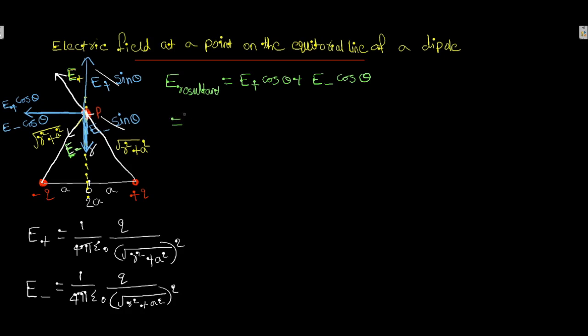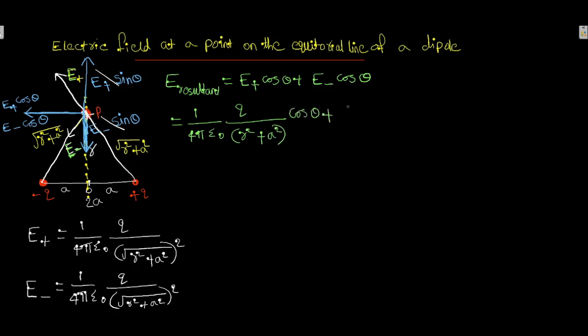E positive is 1 by 4 pi epsilon 0 times q divided by root r square plus a square, the whole squared, which we can write as r square plus a square, then cos theta.